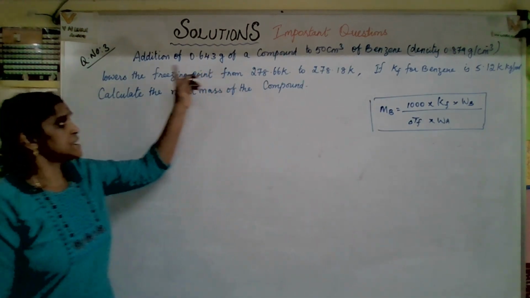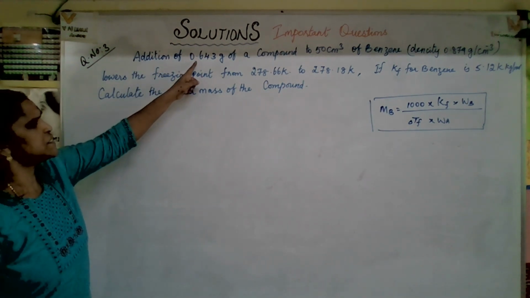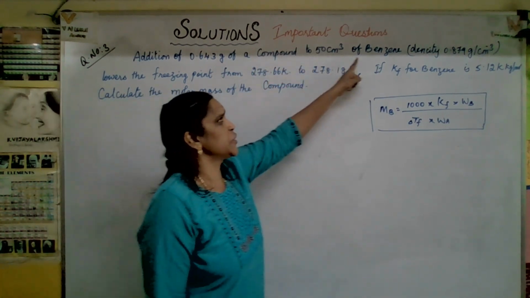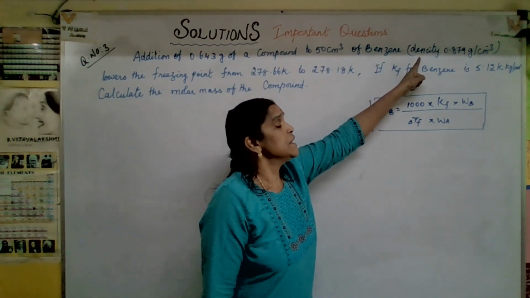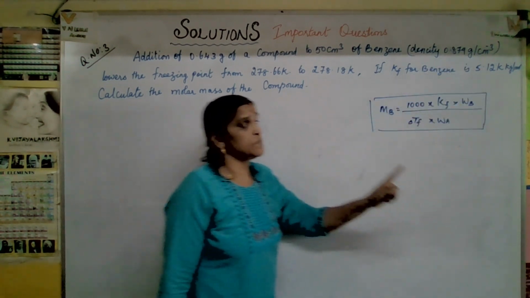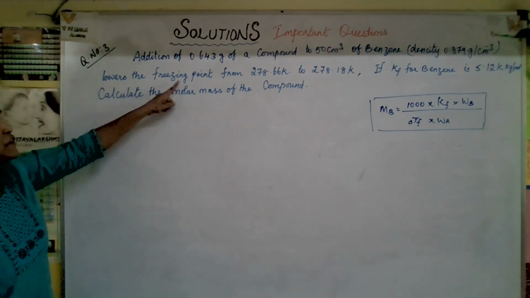Now let us discuss one more important question. Addition of 0.643 gram of a compound to 50 centimeter cube of benzene, density 0.879 gram centimeter minus 3, they mentioned density, lowers the freezing point.